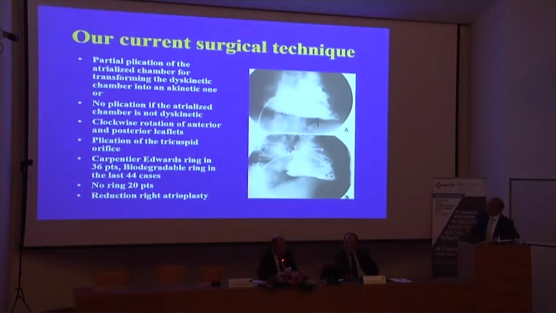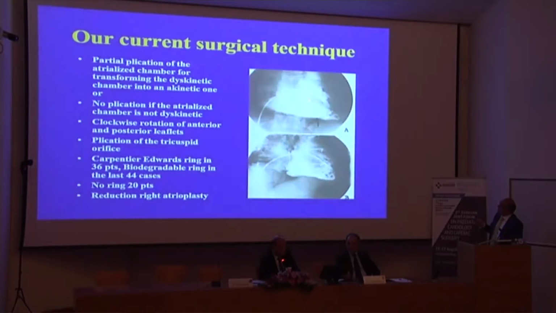And then I do the clockwise rotation of the anterior and posterior leaflet. I will show you the technique, the plication of the tricuspid orifice. I started putting rings because I believe it stabilizes the native annulus, and it also prevents the risk of recurrent tricuspid insufficiency. And I systematically reduce the dilated right atrium.